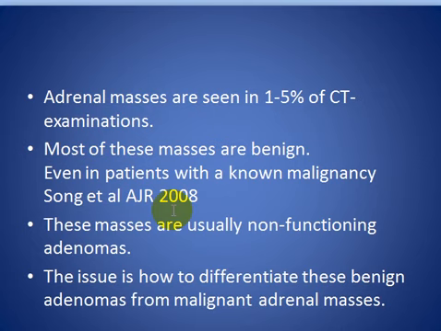Adrenal masses are seen in about 1 to 5% of CT examinations. Most of these masses are benign, even in patients with a non-malignancy. These masses are usually non-functioning adenoma, and the issue is how to differentiate these benign adenomas from malignant adrenal masses.